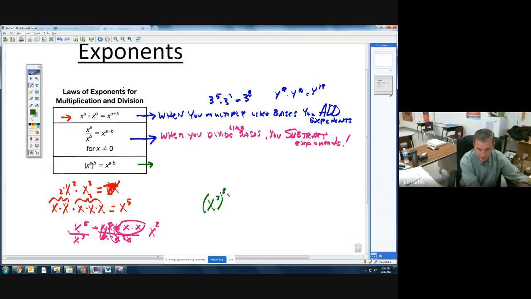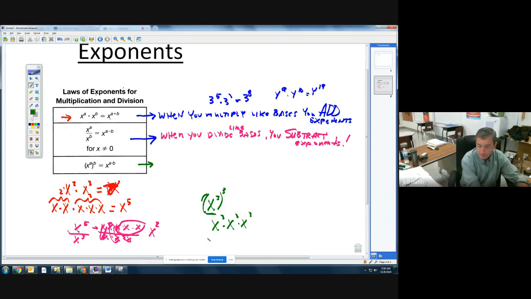So it's x to the third power to the third power. If you cube 3 and get 27, that would not work for you. But again, break it down. This exponent tells you you have 3 of whatever's in the parentheses multiplied together. So I have x to the third times x to the third times x to the third.